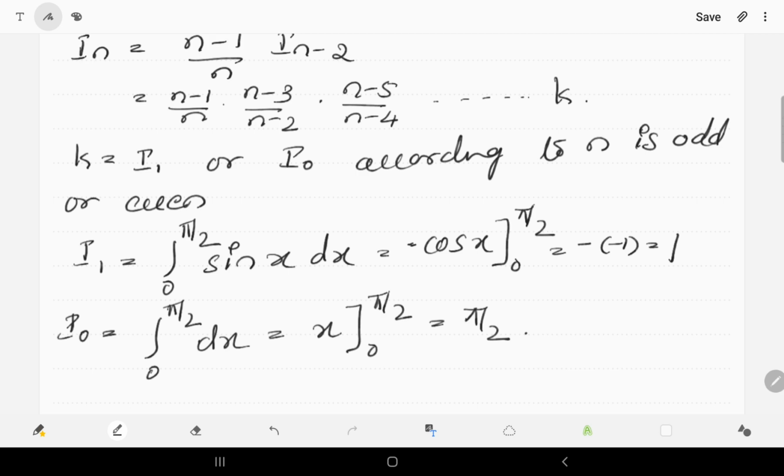Therefore the k value is either 1 or pi by 2 according to odd or even. If n is odd, then k value is 1. If n is even, then k value is pi by 2.